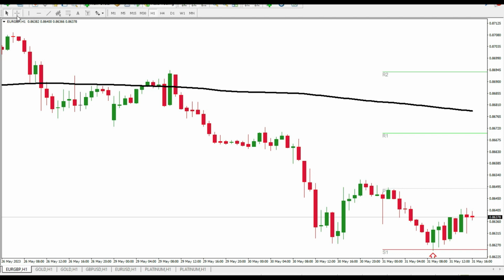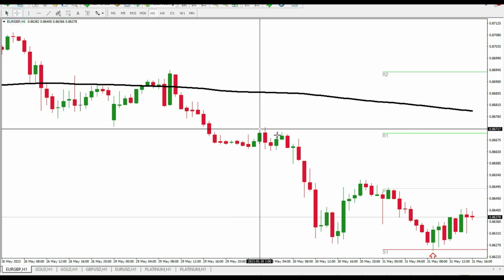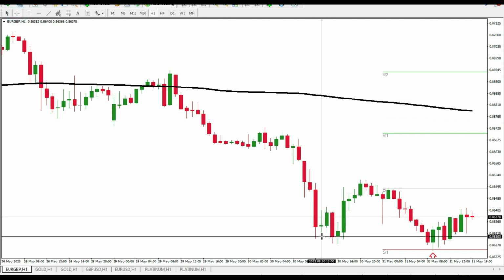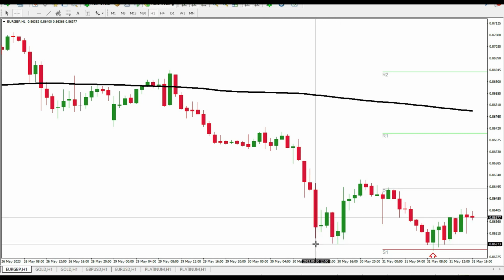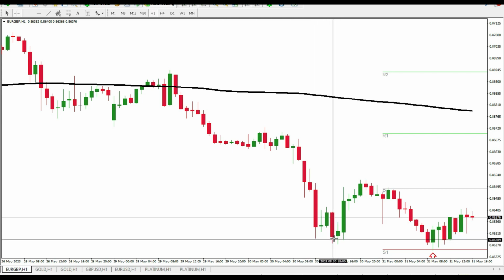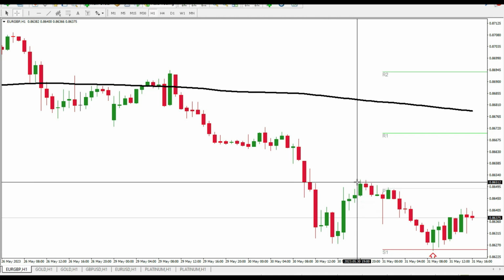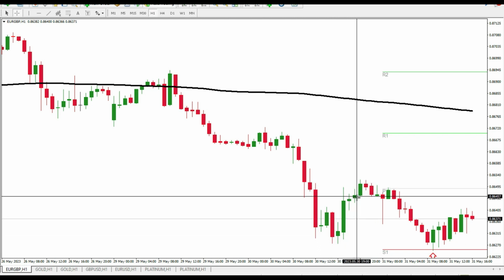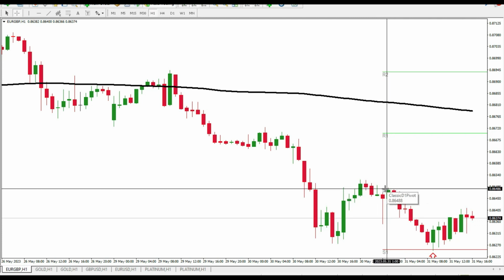Just right now we have an example. Yesterday, on May 30, we had a low around 0.8627, and then we had a bullish move of around 30-35 pips up. And what happened at the beginning of the new day is that we touched the pivot point price level.